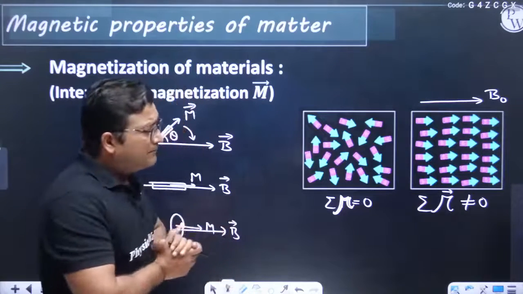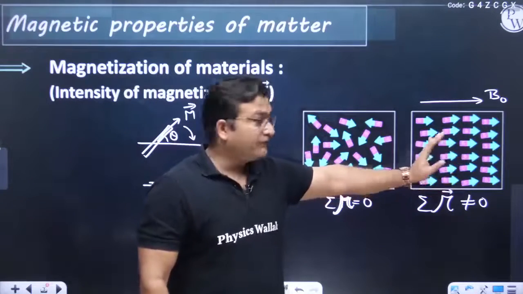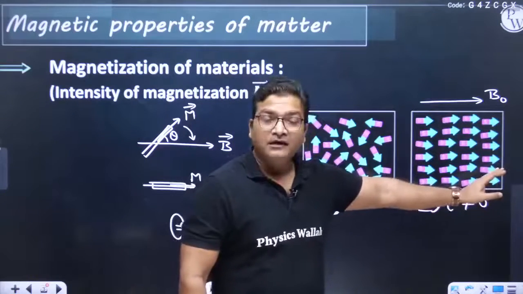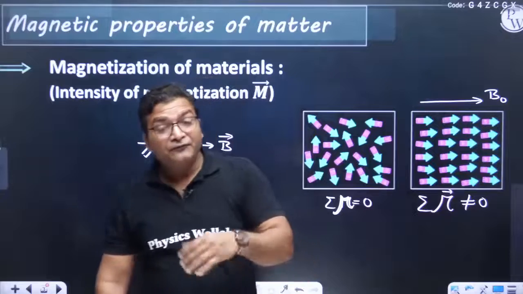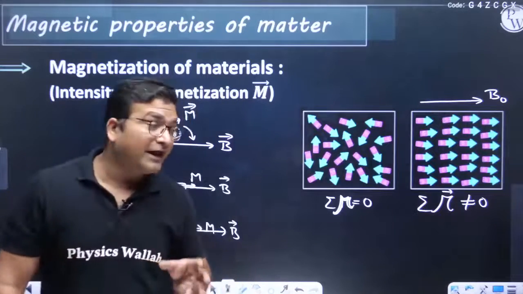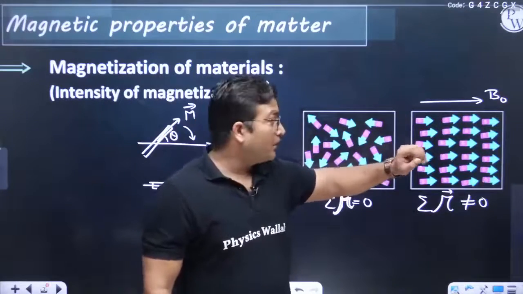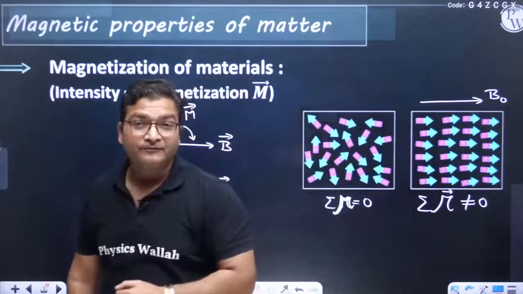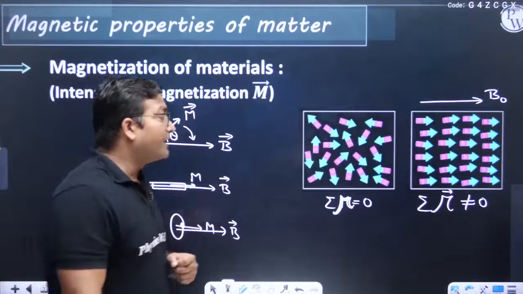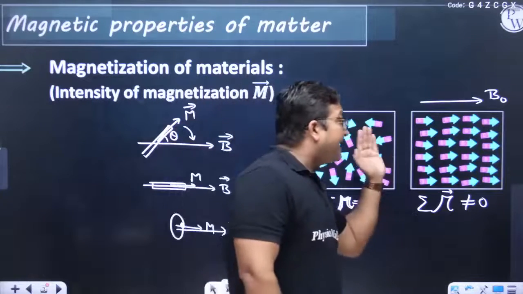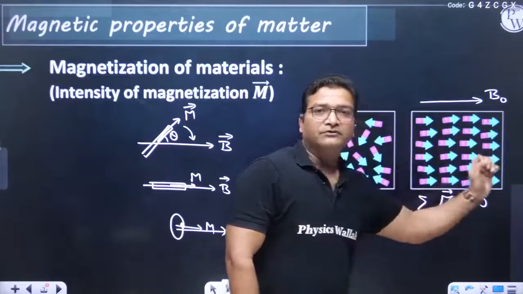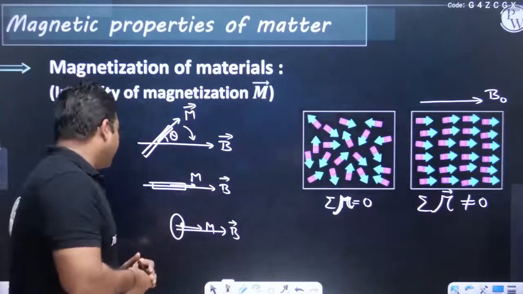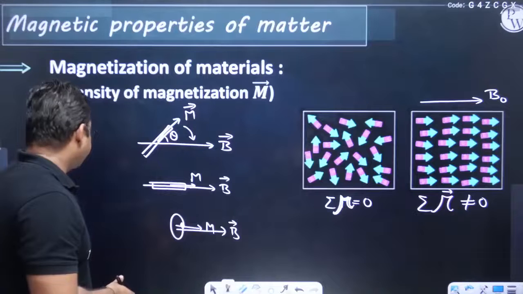Because of this alignment, the net magnetic field inside is different from what we applied externally, because in the material we have the external magnetic field and also the magnetic field because of these aligned molecules.